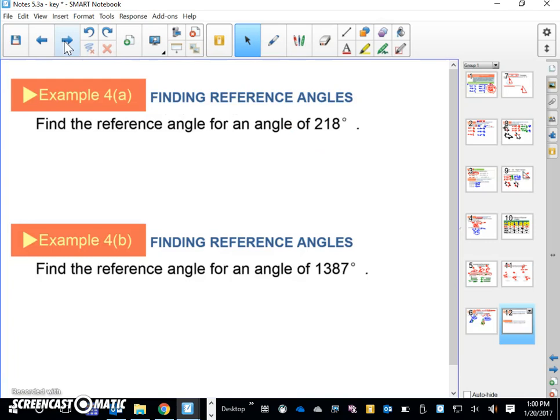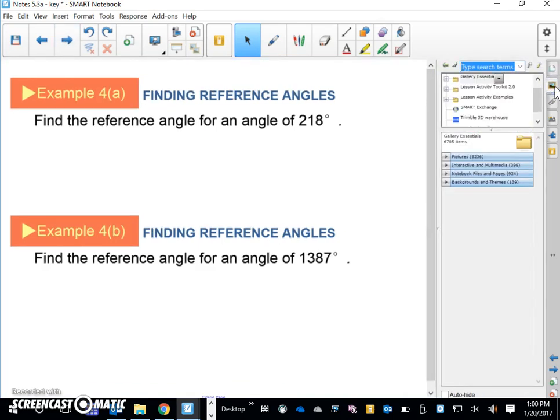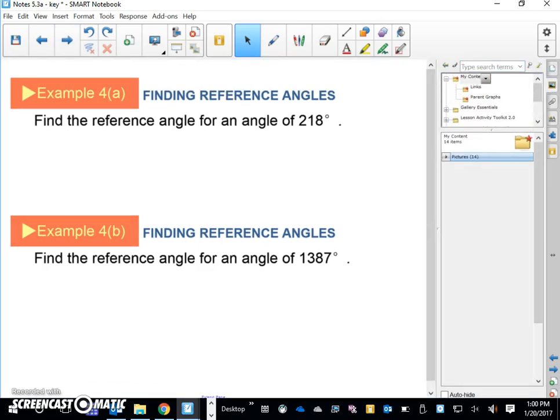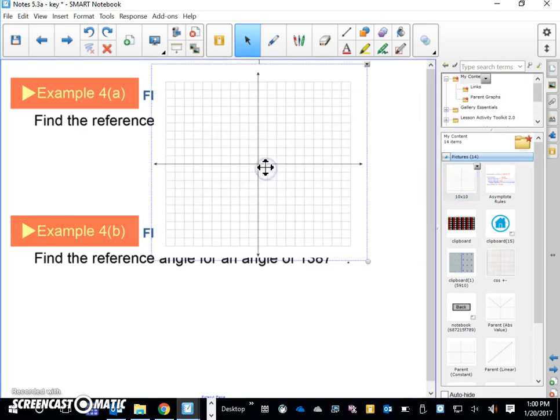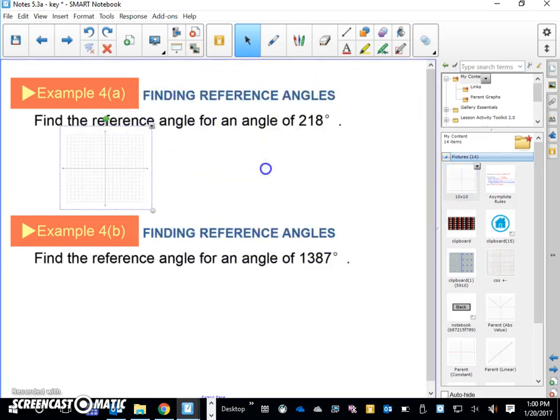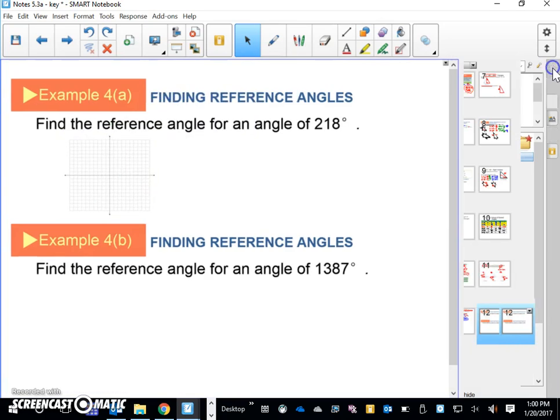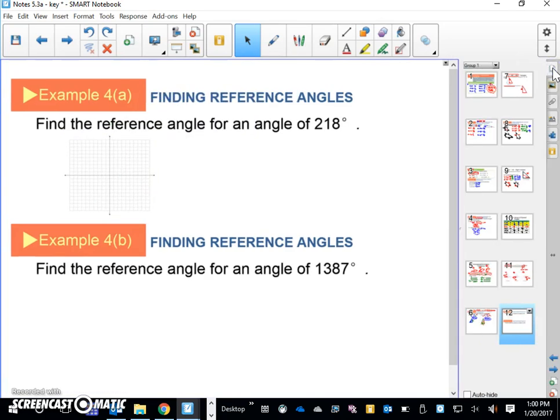Example 4a says find the reference angle for an angle of 218 degrees. What we want to do is draw an XY axis. You don't have one as nice as this, I know, but you can draw one by hand. We put that angle there, and we want to know what quadrant it's in.